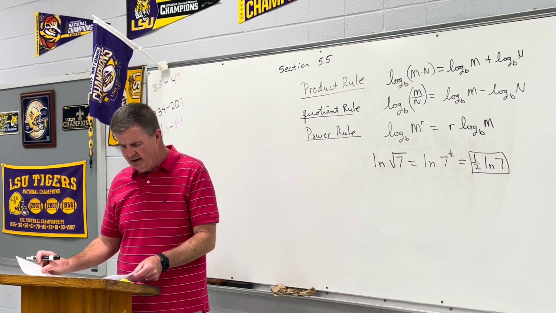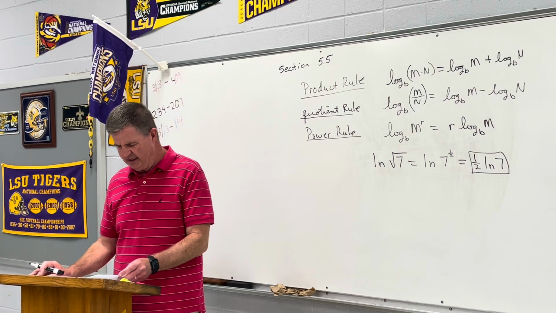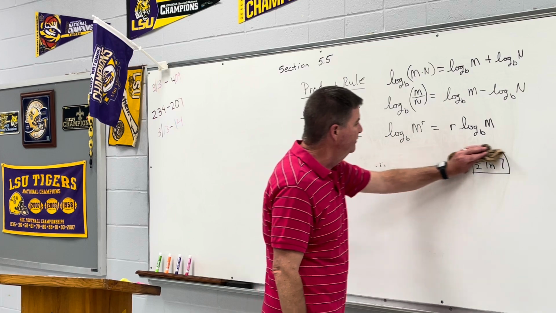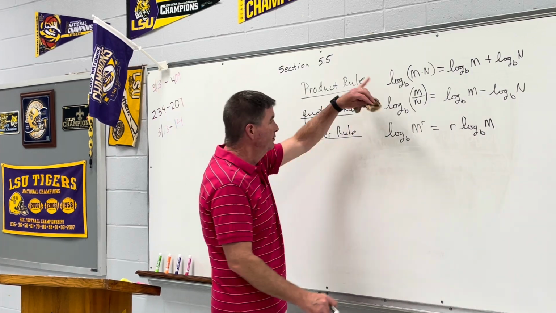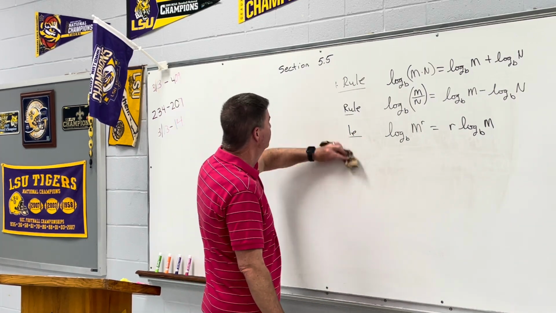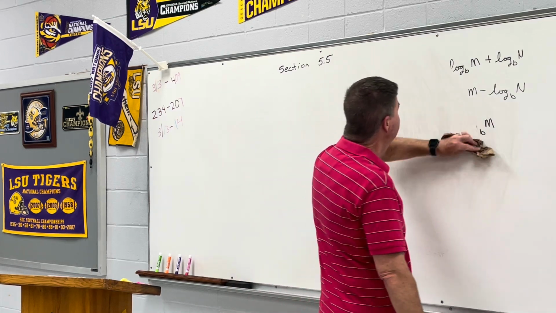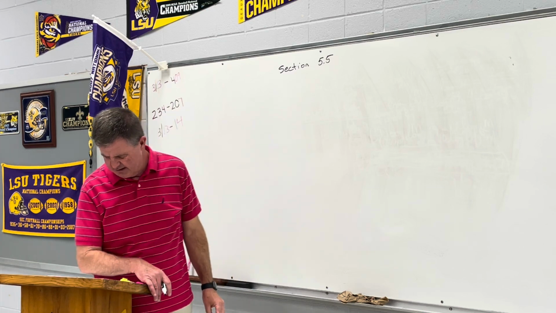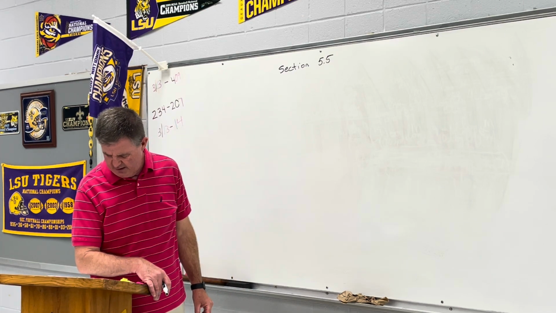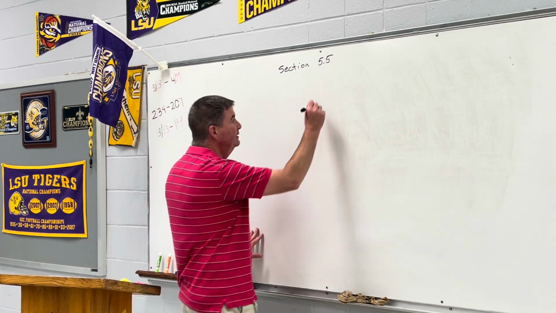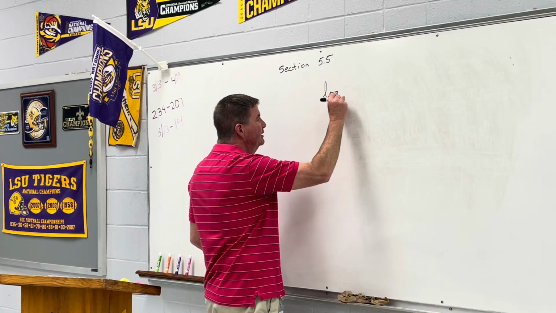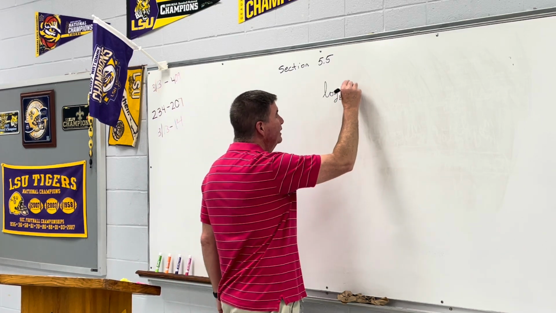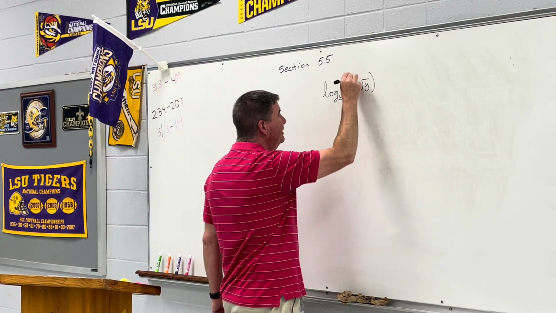Now we can combine these things. We can put things together. If we were going to combine them, we would use the rules exactly like we have them here. So suppose we have, which is the next example, example number 6, expand the logs, and I have log base b of x squared square root of y.